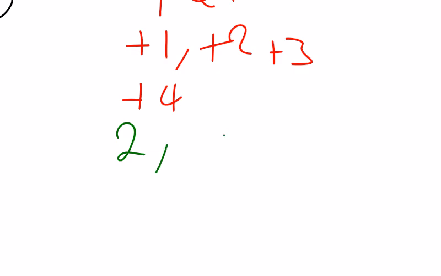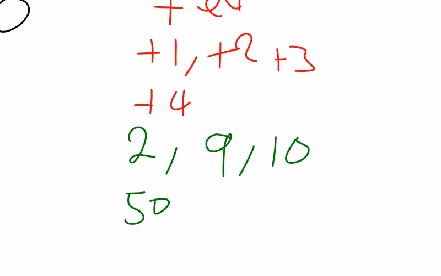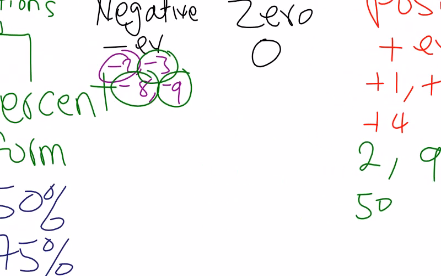Also, 9 here is positive, 10 is positive, 50 is positive. But remember, when it's negative, you cannot hide the negative sign and say just 30 when you mean -30. You must put the negative sign.